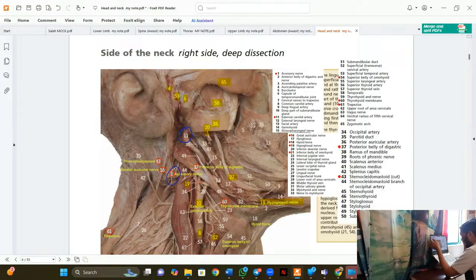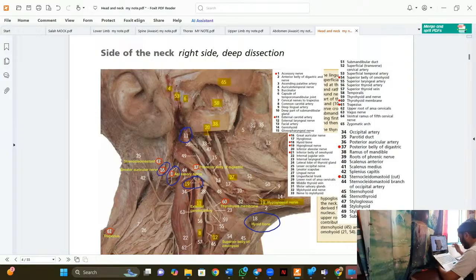16 is the great auricular nerve. Then 18, hyoid bone. 19, hypoglossal nerve. Here also we have 19, hypoglossal nerve.